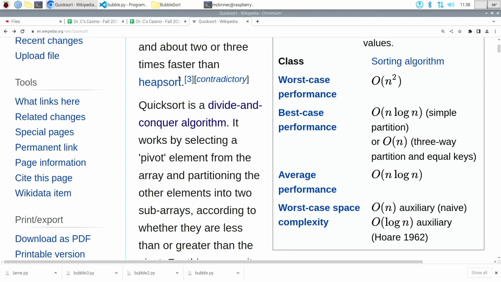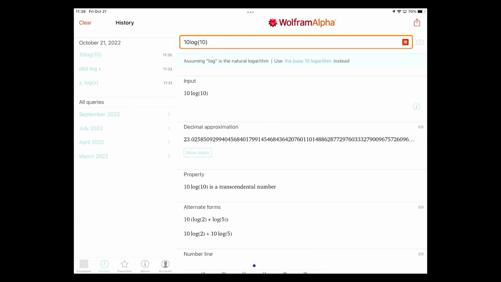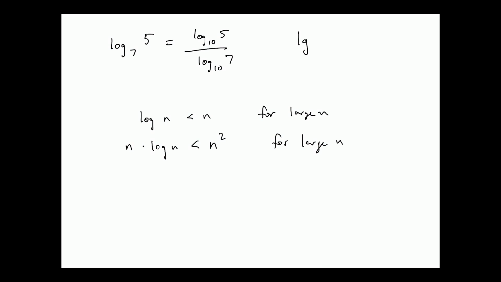The last thing I wanted to do is go back to the iPad and talk about what happens if I have a procedure whose complexity I know and I start to repeat it some number of times. Suppose that proc, for process, is big O of f of n.